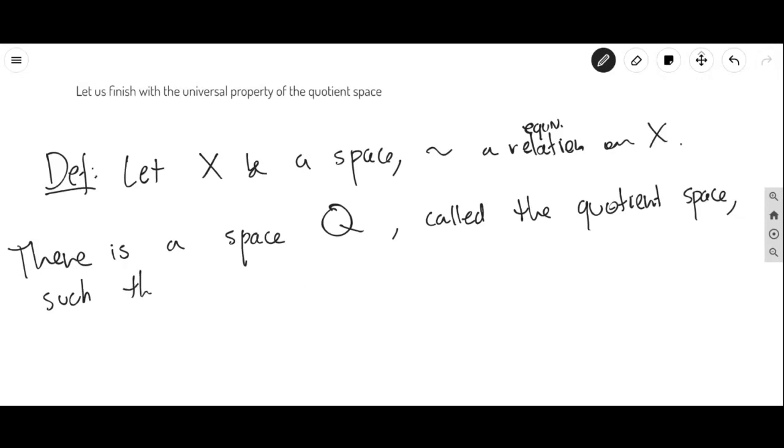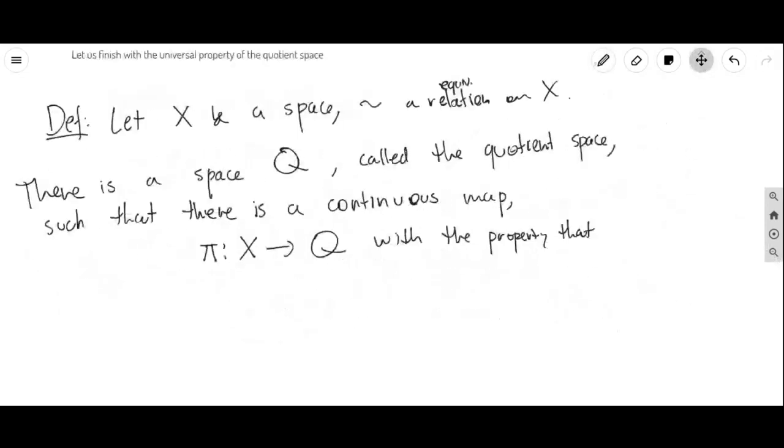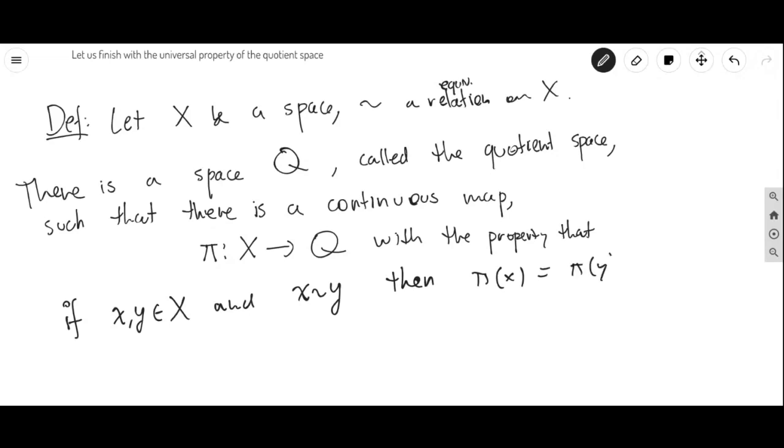such that there is a continuous map, let's call it pi, from X to Q, with the property that if x and y are elements of X and they are related to each other with respect to the equivalence relation, then pi of x gets mapped to the same point as pi of y in the quotient space.